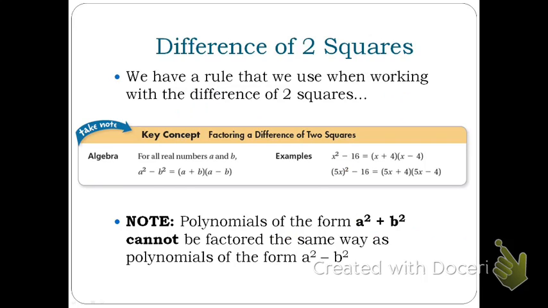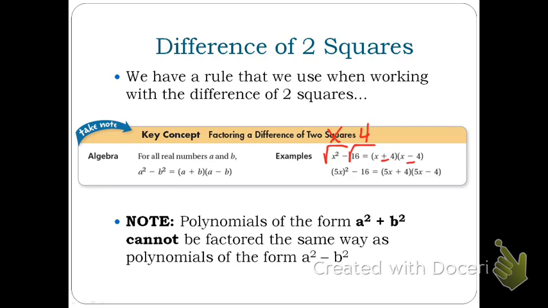They gave you an example, x squared minus 16. x squared is a perfect square, and so is 16. So its result is the square root of x squared and the square root of 16. The square root of x squared is x, the square root of 16 is 4, and when you write them out in factored pairs, the only thing that's different is you need to put a plus and a minus sign.